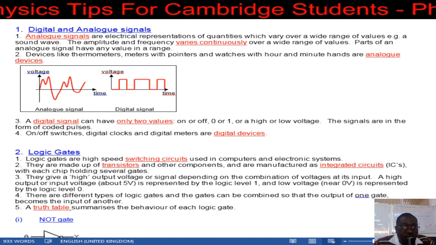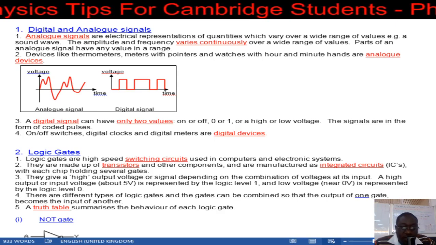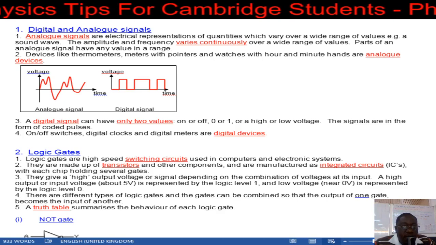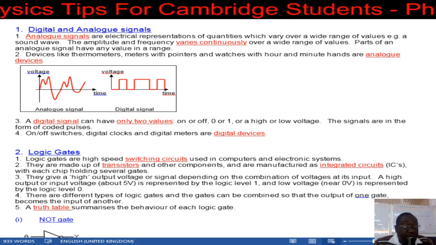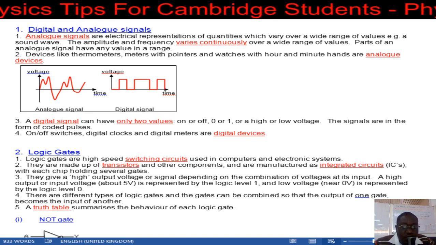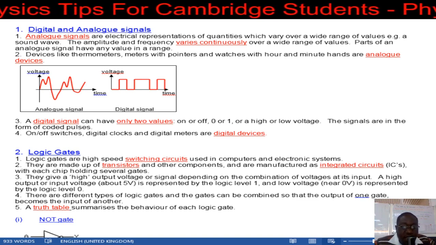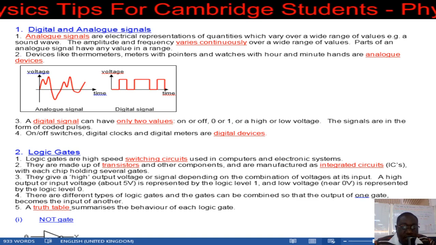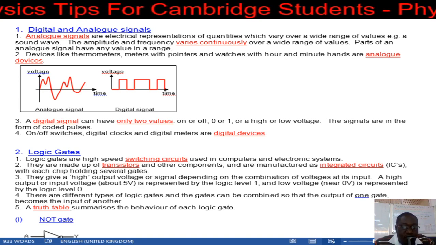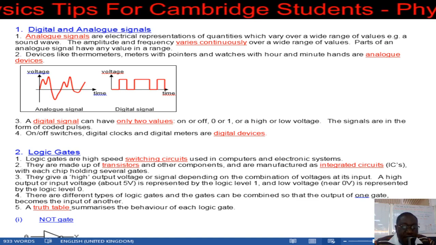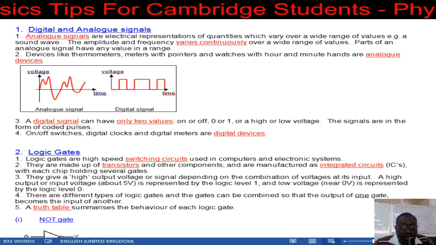In this video, we're going to look at digital and analog signals, that is digital electronics. Now, analog signals are electrical representations of quantities which vary over a wide range of values, e.g. a sound wave. The amplitude and frequency vary continuously over a wide range of values.